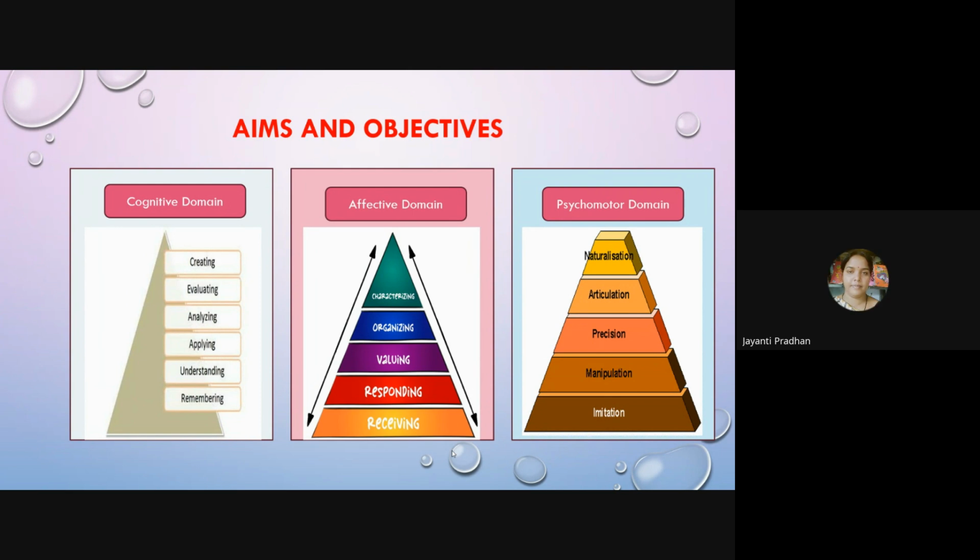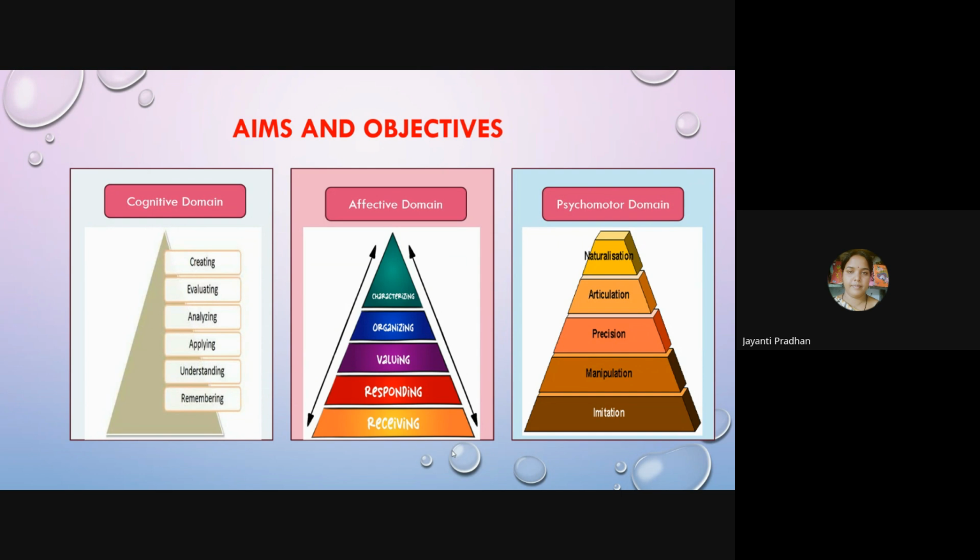So the broader, wide space is taken by remembering, then understanding, then applying, then analyzing, then evaluating, then creating. Here also in the affective domain, that is receiving, responding, valuing, organizing, characterizing. In the psychomotor domain, imitation, manipulation, precision, articulation, and naturalization.